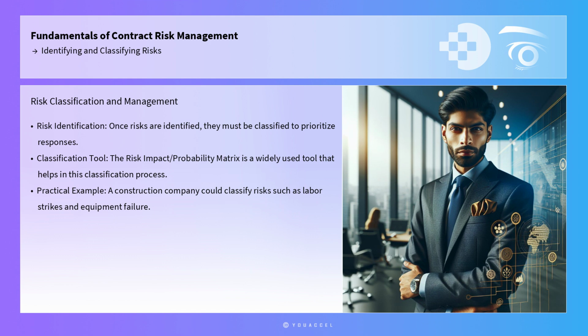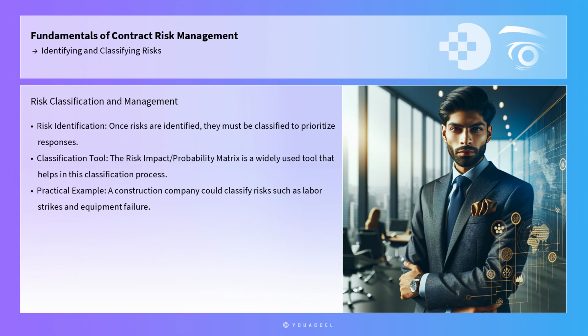Once risks are identified, they must be classified to prioritize responses. Classification typically involves categorizing risks based on their likelihood and impact. The Risk Impact Probability Matrix is a widely used tool that helps in this classification process. This matrix plots risks on a grid to visualize their potential severity and frequency, enabling professionals to focus on high-impact, high-probability risks first.